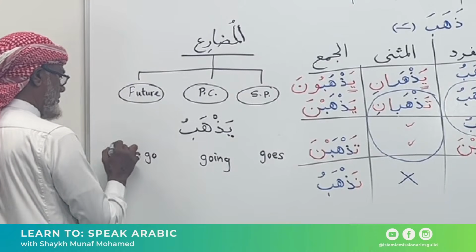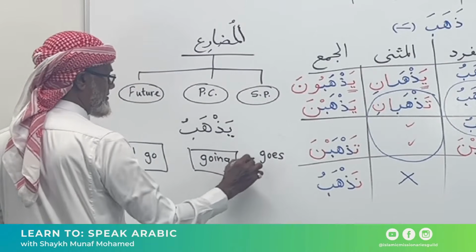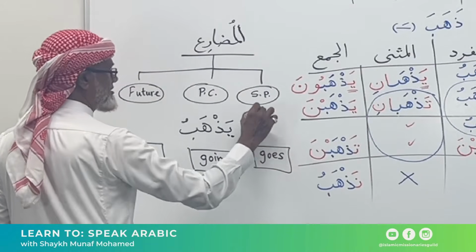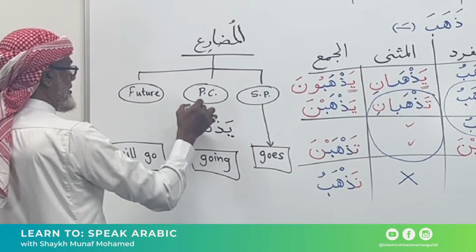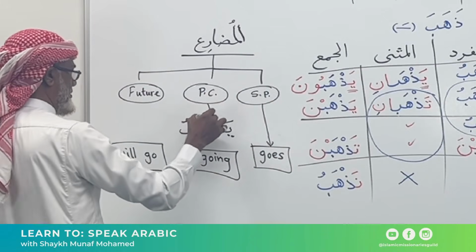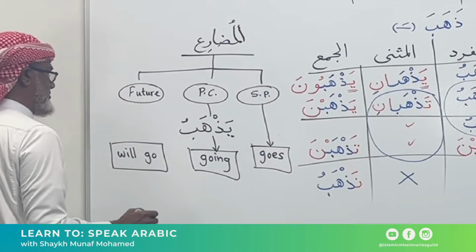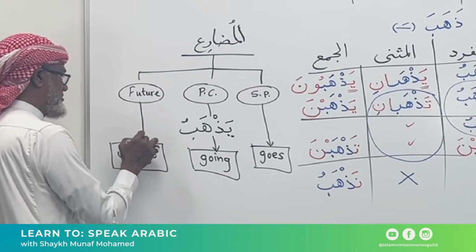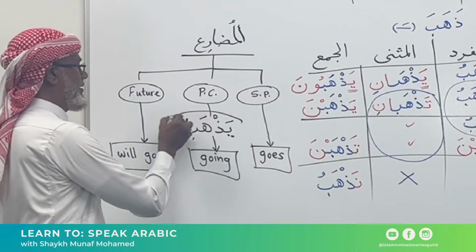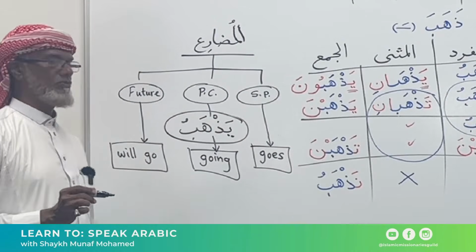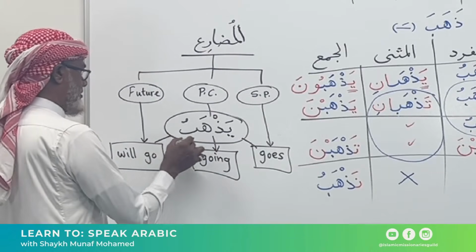All right? So it could mean this, or this, or this. This is what is called the simple present tense. And this one, present continuous tense. And this is the future tense. So this one word here, yadhhabu, could mean all of them.